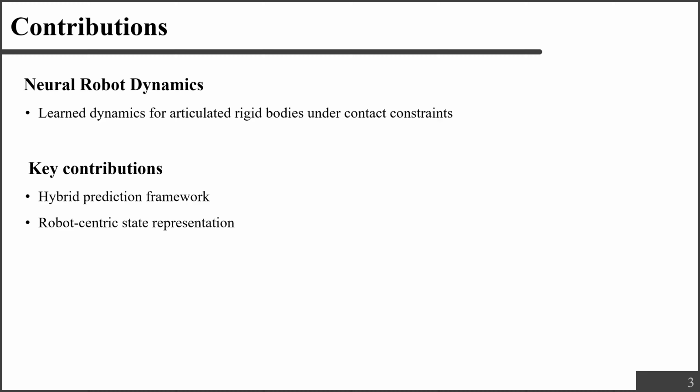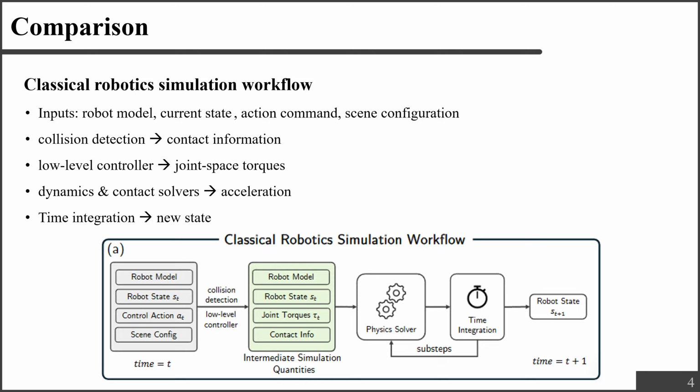With those two ideas in mind, let's briefly recall the classical simulator pipeline, because NERD is designed around it. In a classical robotics simulator, several steps happen every time step. First, collision detection identifies potential contacts and produces contact information. Next, a low-level controller converts commands into joint space torques.